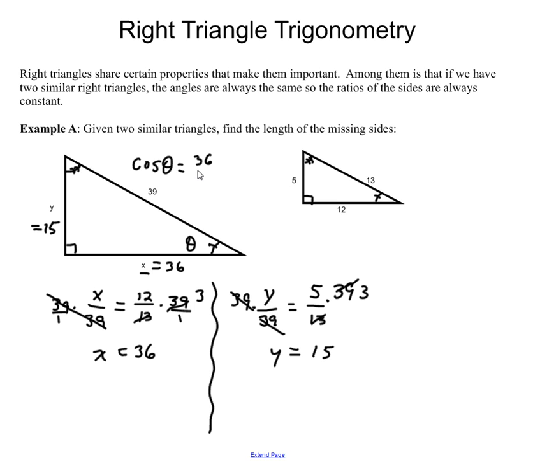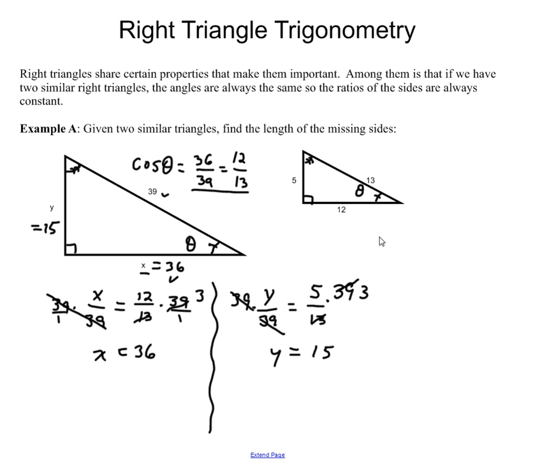36 divided by 39 is our adjacent side and our hypotenuse side, but when we reduce that, we find that that's exactly the same as 12/13. Right? So it doesn't matter how big that triangle is, this ratio for cosine is always the same. And we could have said the same thing for our sine ratio. Right?